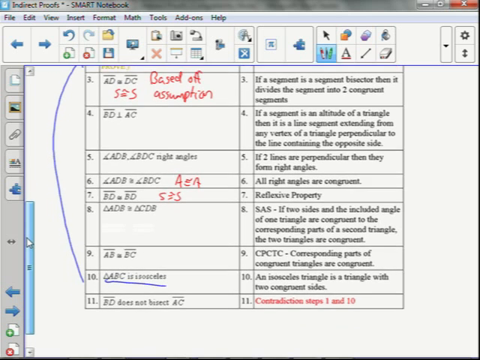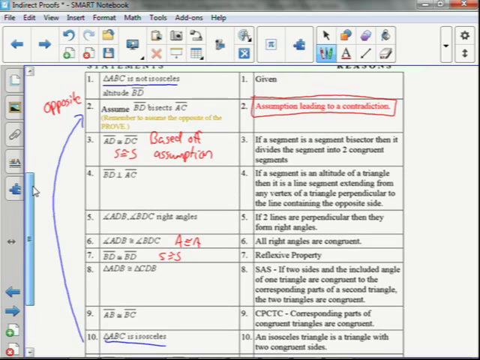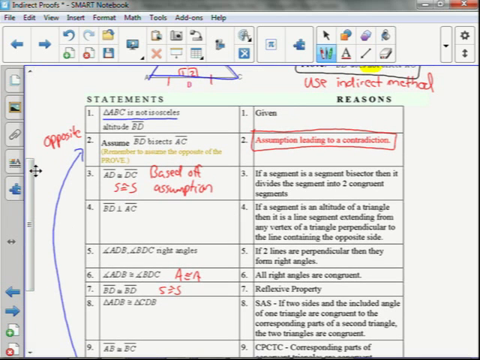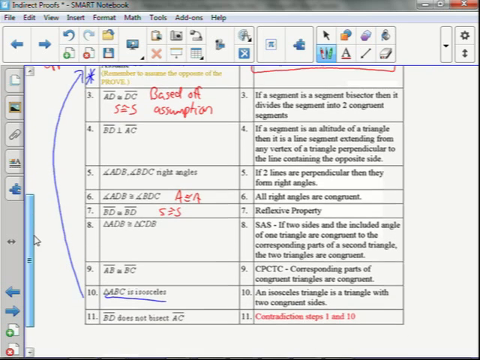So therefore, we know that BD does not bisect AC, the contradiction in steps 1 and 10. All right? We took the wrong turn in the maze back here in step 2. And as a result of taking the wrong turn, we know that that cannot be true. And if it's not true, then its opposite has to be true.